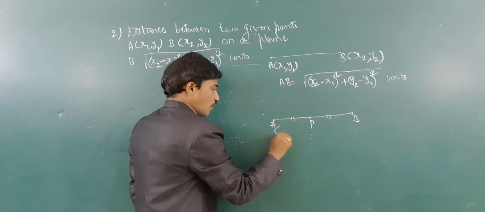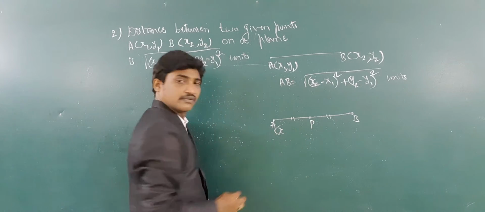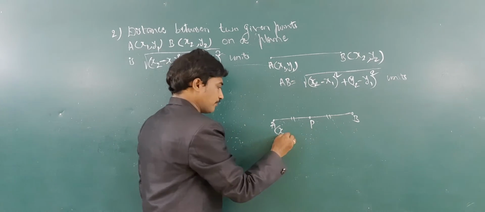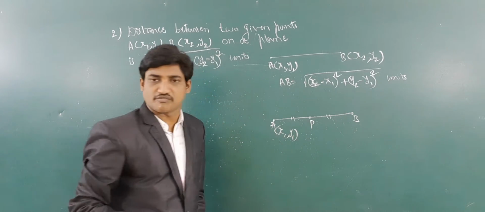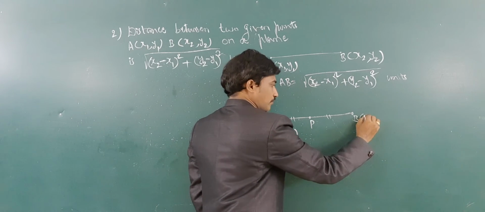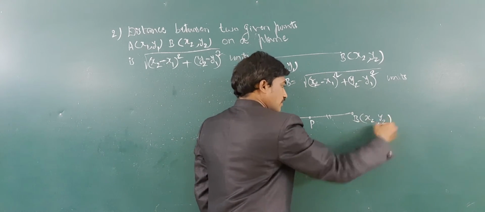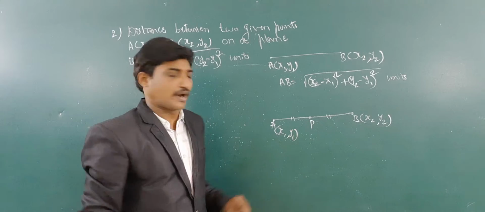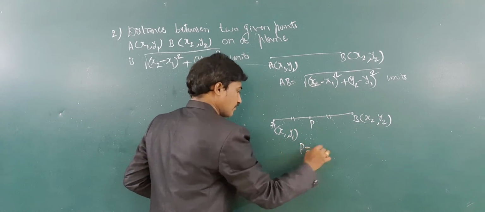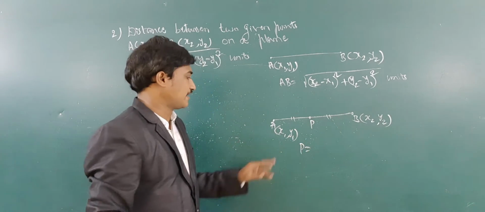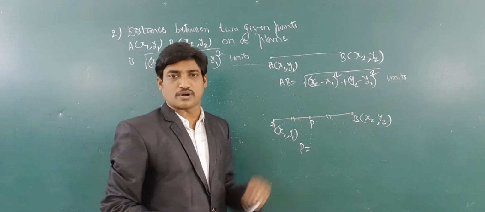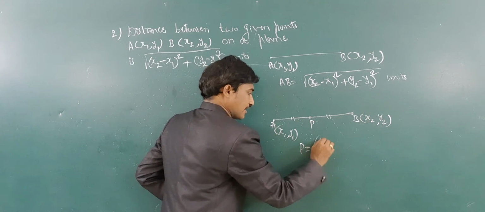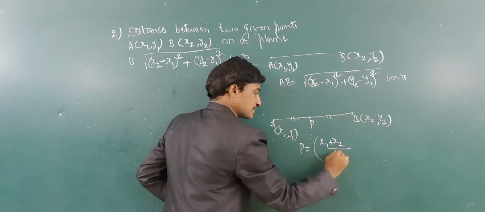If the coordinates of A are x1, y1 and the coordinates of B are x2, y2, then we can find the midpoint P by taking the average of the x coordinates. We get the x coordinate of the midpoint as x1 plus x2 by 2.